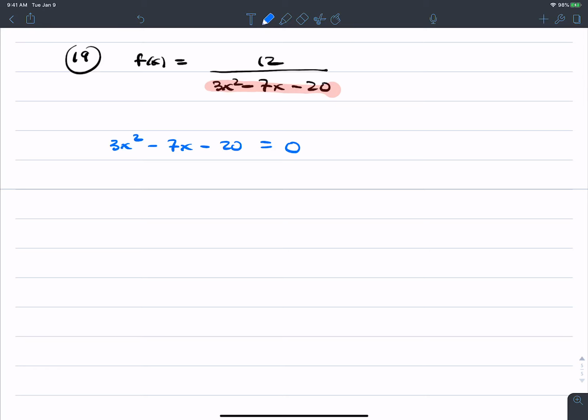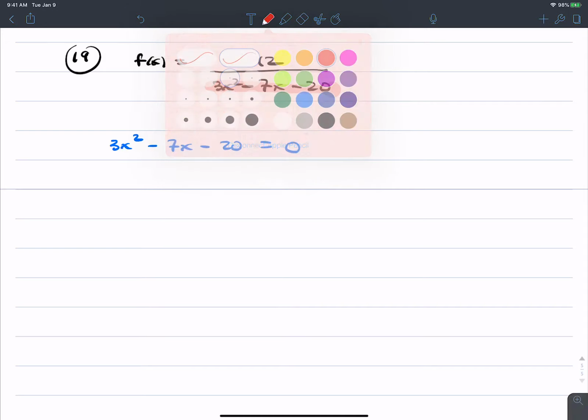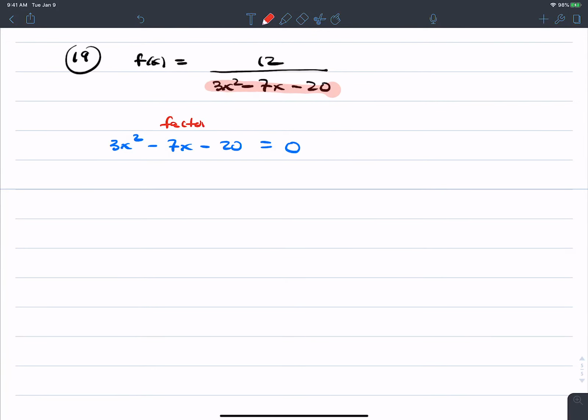We have to solve this quadratic. Now, we can factor or use the quadratic formula or complete the square. I'm going to factor, and we're going to use that old high school technique, that X technique that people like to use when factoring. And it's slightly different here.